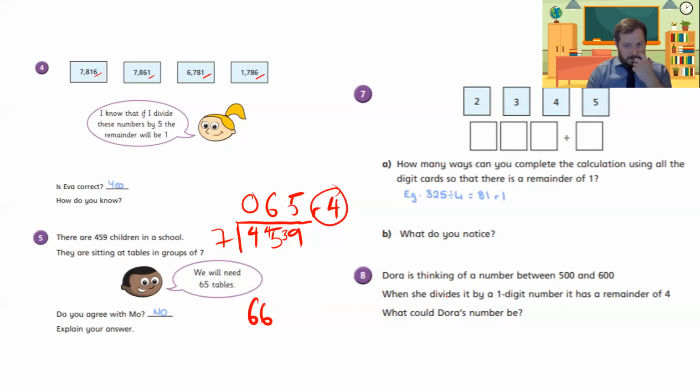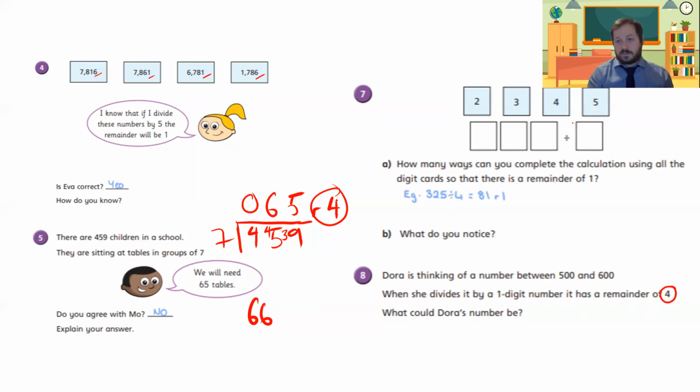Dora is thinking of a number between 500 and 600. When she divides it by one digit, it has a remainder of 4. What can Dora's answer be? This will just be a case of trying out some in between. First thing we know is that if there's a remainder of 4, then we can't be dividing by 1, 2, 3, or 4.